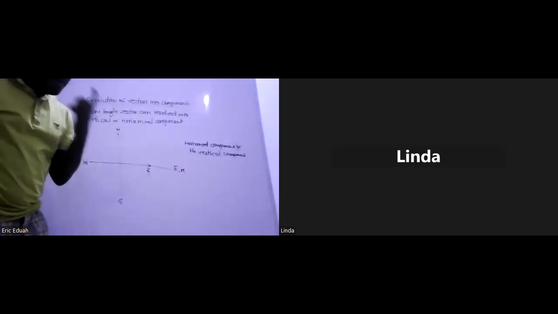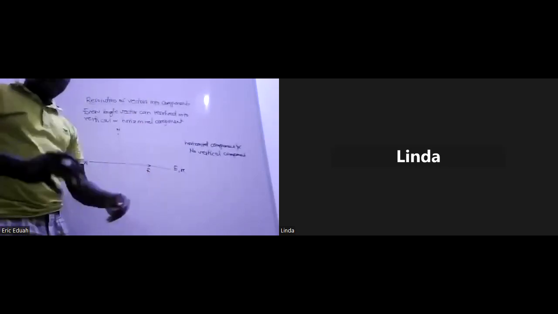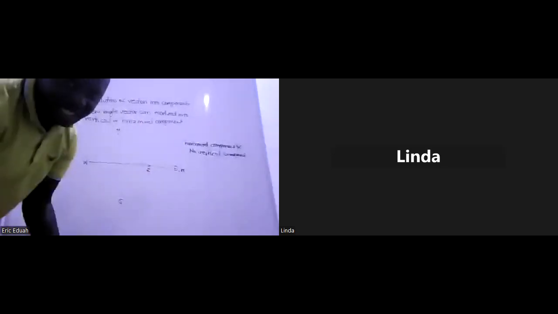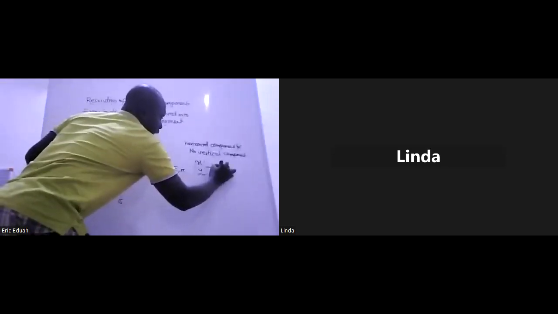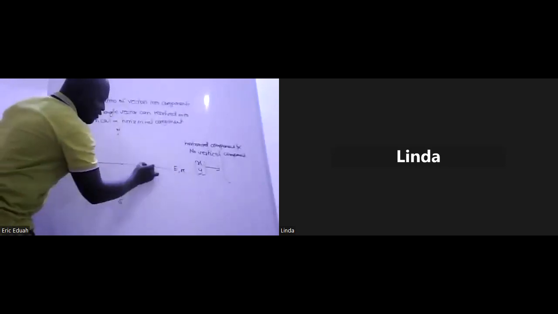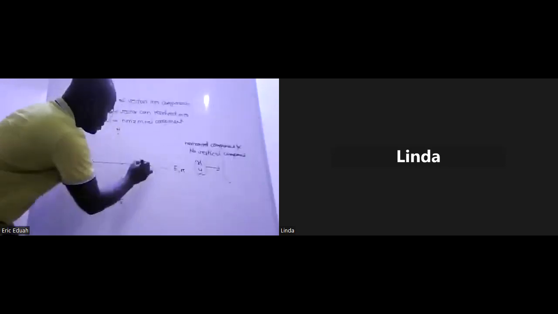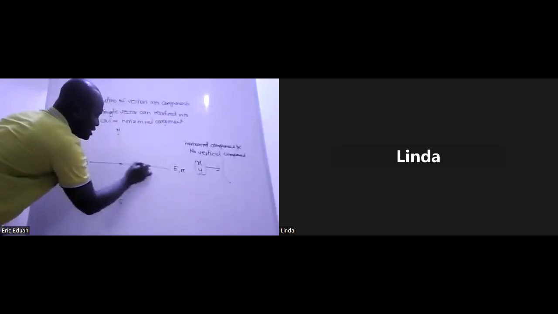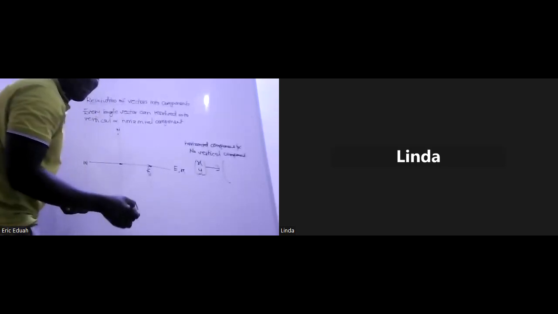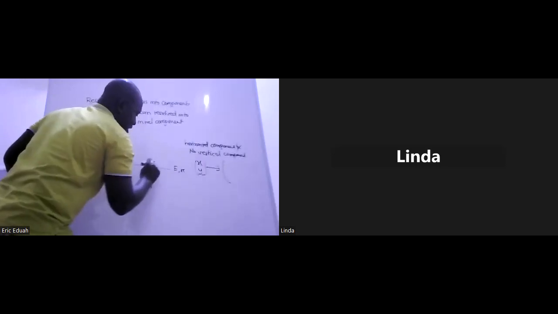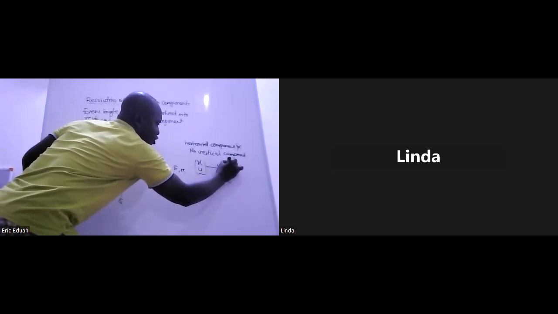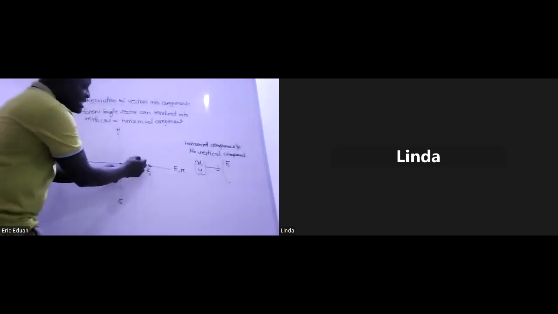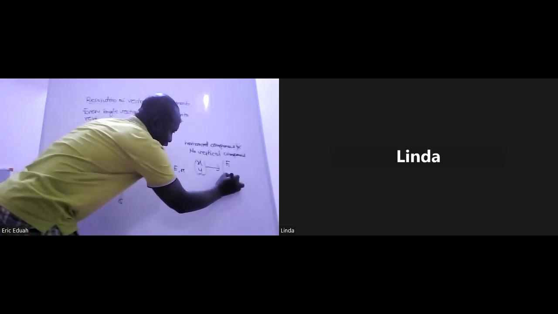So if I'm asked to represent this into components or in a coordinate system, then it means x and y would have to be, you see, F1 is lying on the x-axis. So when I measure it from the origin, this can be a certain value. So from here to here can be any value. So it means this vector has a horizontal component of F1, the full magnitude of the force, but it has no vertical component, 0.